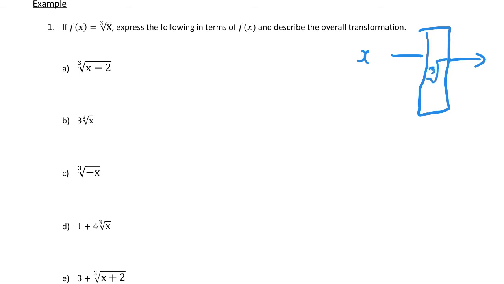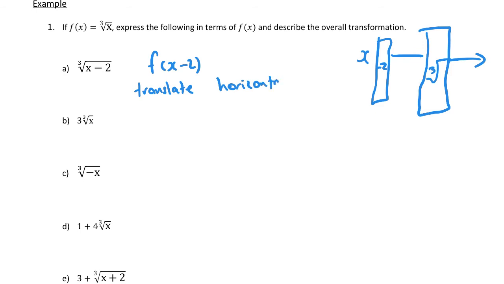But to get x minus 2, we're doing something first of all. So we're doing a take away 2, so that's going to be the f(x minus 2), because we're changing the x value to x minus 2 first of all, and then applying the function, and that's going to translate horizontally to the right by 2 units.